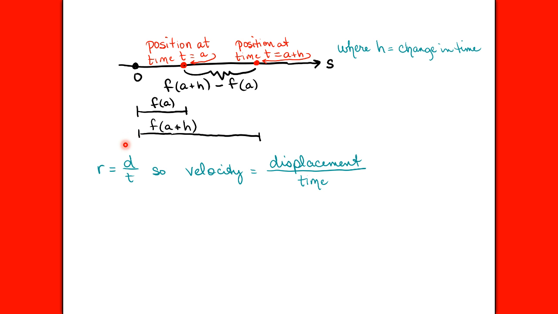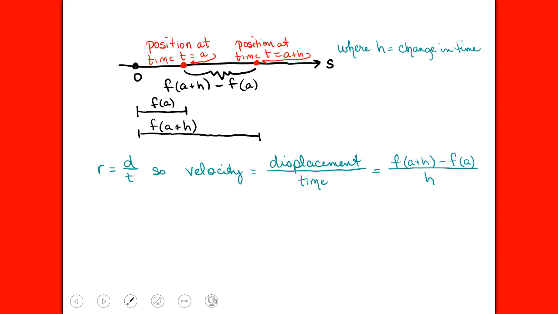So the displacement, stopping point minus starting point, would just be f of a plus h minus f of a.